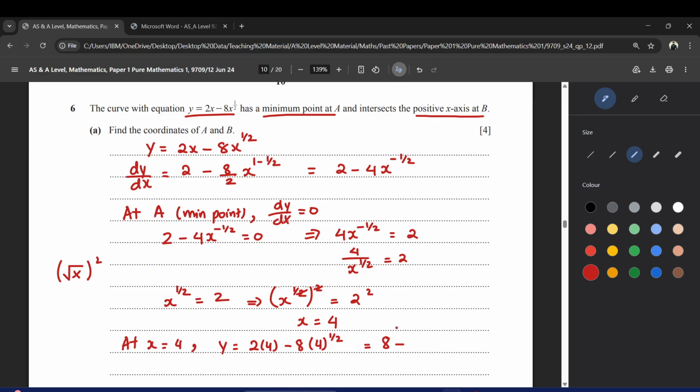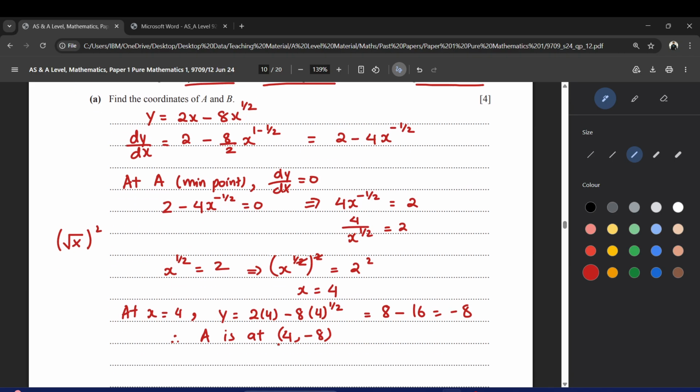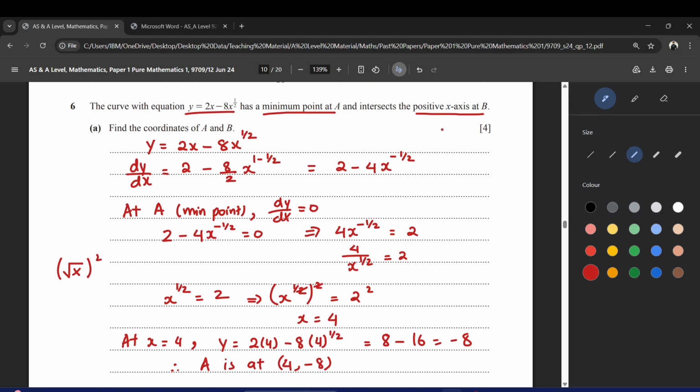Then this would be 8 minus 16, which will be minus 8. Therefore, A is at 4 comma minus 8. That's my first coordinate. The second coordinate that we have to find is of B.